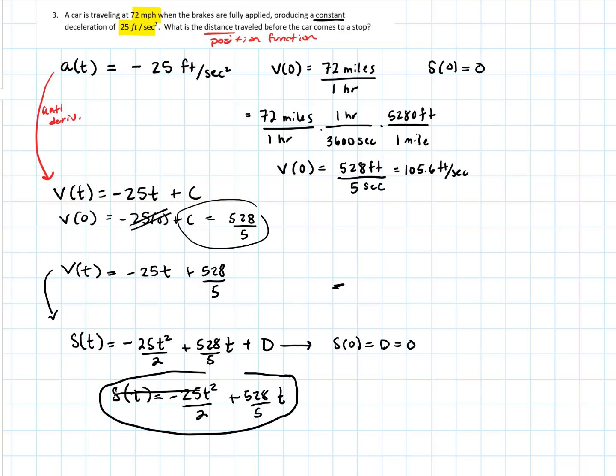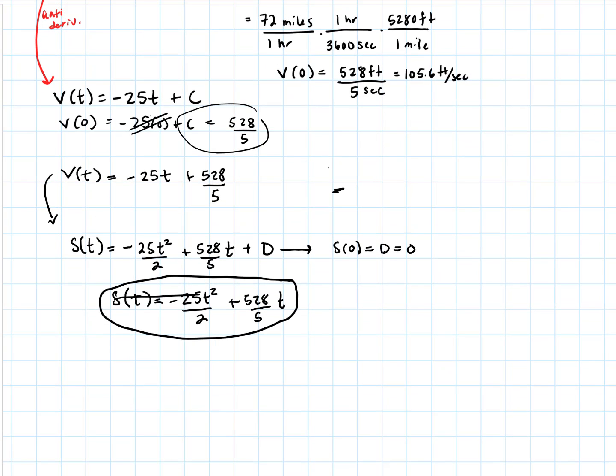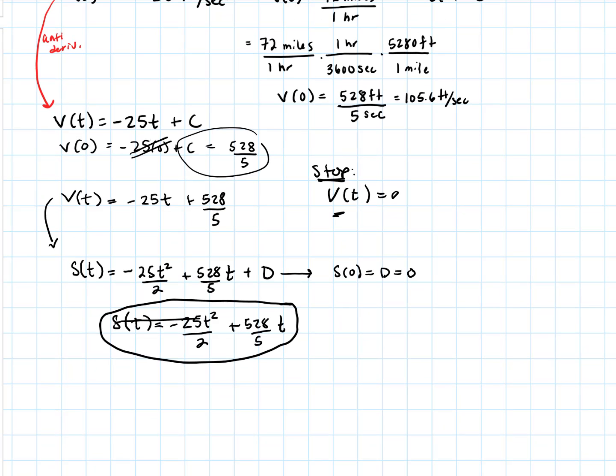All we have left to do now is to figure out when the car stops. Well, the car stops when the velocity is 0. So we're trying to figure out how long it takes the car to stop from that speed of 72 miles per hour. So when is v of t equal to 0?